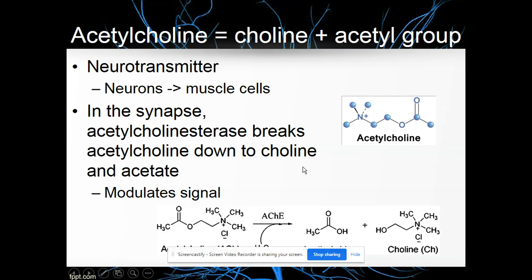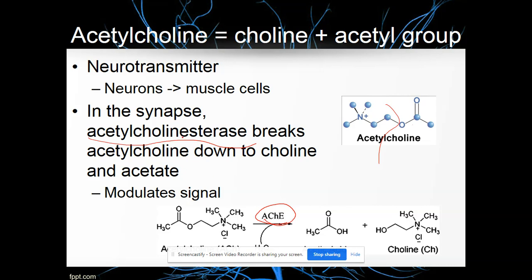The muscle contracts. This enzyme is called acetylcholine esterase. Acetylcholine esterase is going to break that acetylcholine down. It's going to chop it up into some pieces, and then those pieces are taken back up by the nerve cell and recycled to make more acetylcholine, so that later we can stimulate that muscle to contract again.